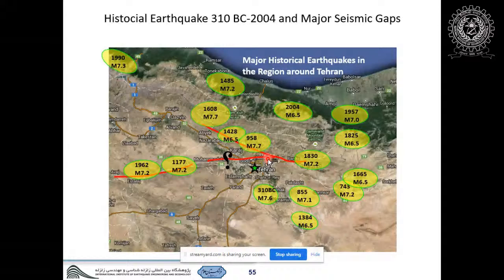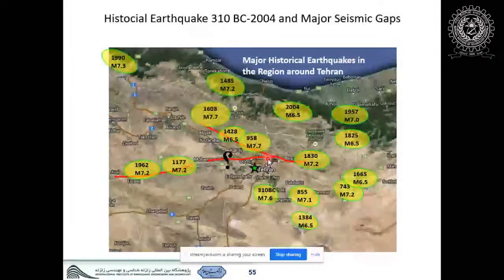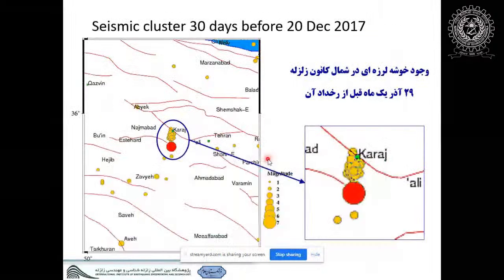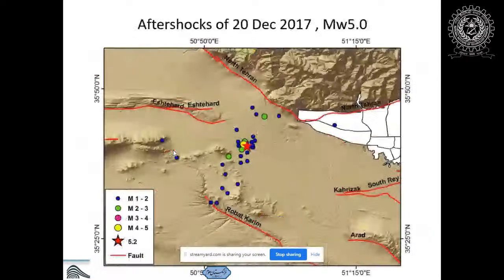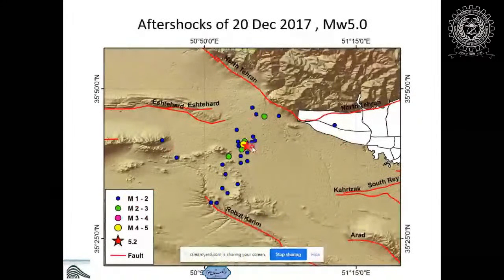But if you remember, on the North Tehran fault, the last event was obtained by archaeoseismology and paleoseismology, and it occurred 3,200 years ago. In 2000, before the 2017 earthquake, there was a cluster in Western Tehran, and the aftershocks were again represented as a cluster.